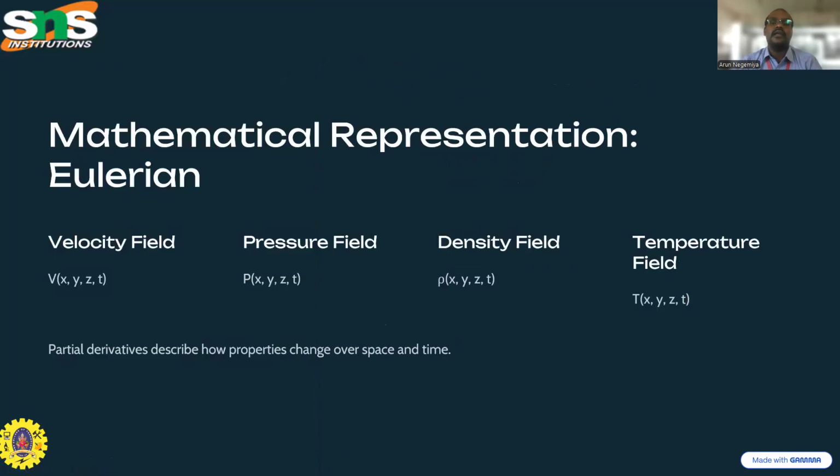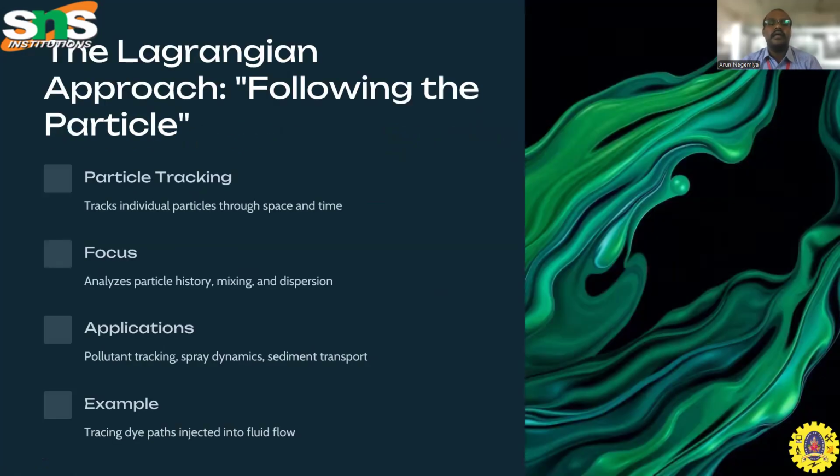The Eulerian approach can be used for the following properties: velocity V as a function of x, y, z and time, pressure P, density rho, and temperature capital T. By comparison, in the Lagrangian approach the individual fluid particles are the focus, and we track the motion of individual fluid particles as they move through space.